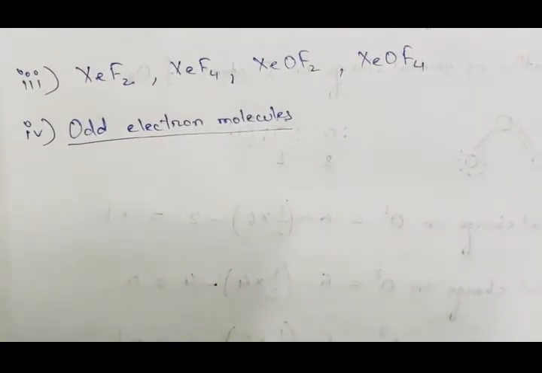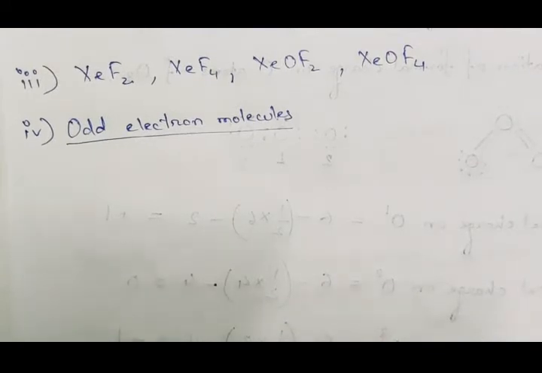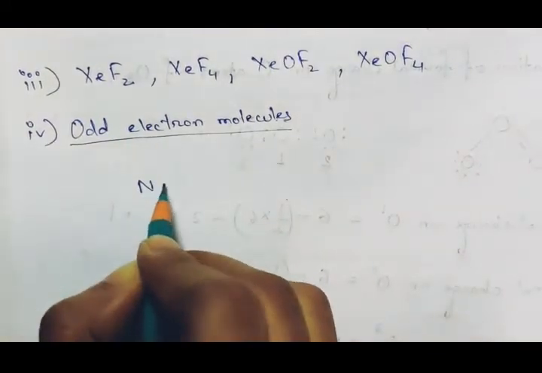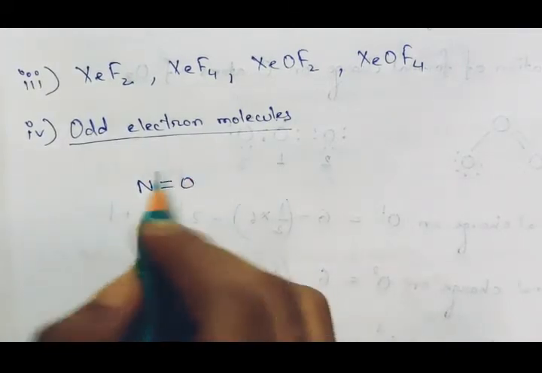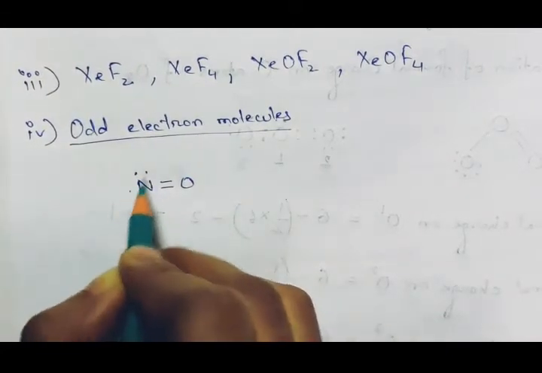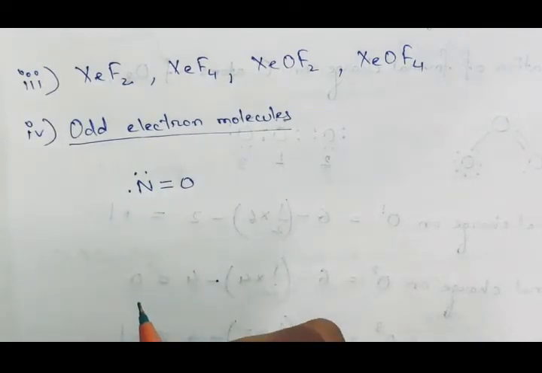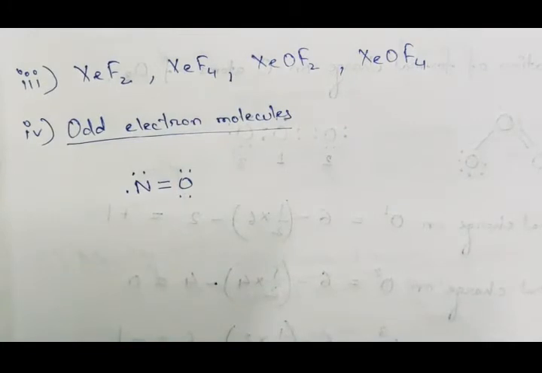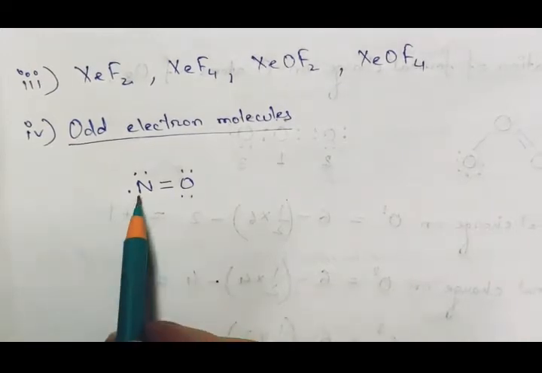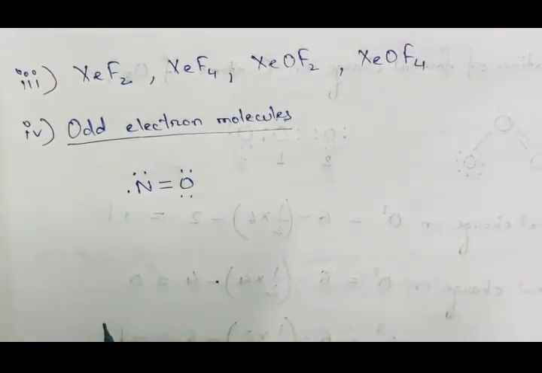See, in the case of NO or NO2, the structure of NO is one nitrogen atom doubly bonded with one oxygen atom, with one lone pair of electrons and one lone electron on nitrogen, and two lone pairs of electrons on oxygen. So in this case there is an odd number of electrons around some of the atoms. Like in this case there is an odd number of electrons around nitrogen.